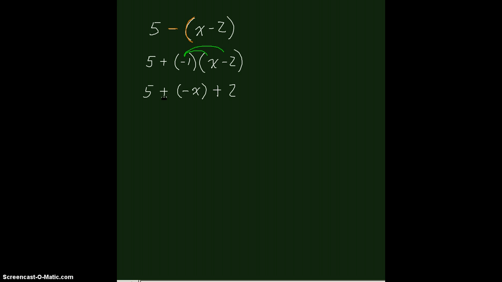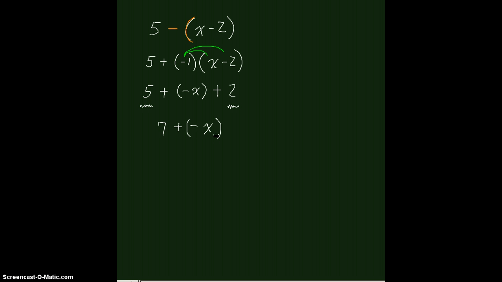Normally we don't put a plus minus in an equation like this, so we'll get to that in a minute. But first of all, I look at this expression and I notice I have two like terms. I have a 5 and a 2, so I'm going to add those together and say this is 7 plus a minus x. This is kind of messy, plus minus, right?